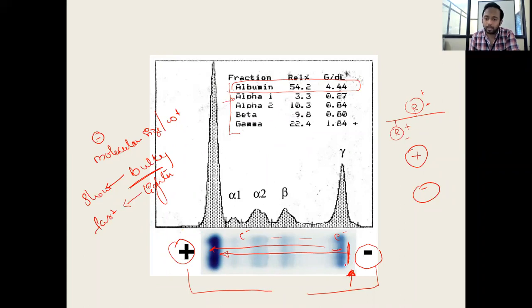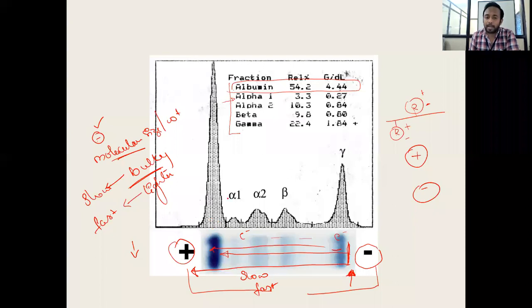So the movement of the protein from negative to positive node is slow or fast based on charge and mass. The electrophoretic mobility is determined by these two things. If it is bulkier, it runs slow. If it carries less negative charge, then attraction towards the positive node will also be low. So that is the reason the movement is affected.